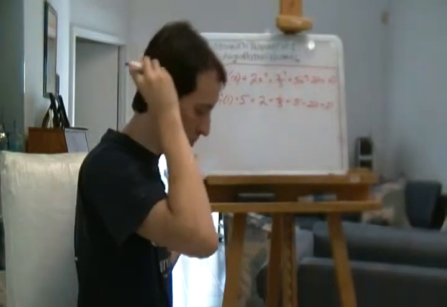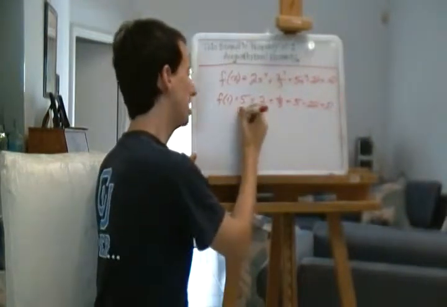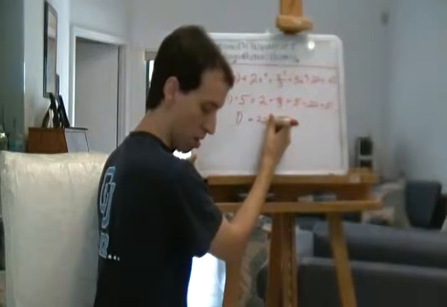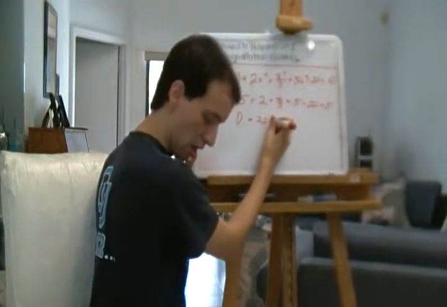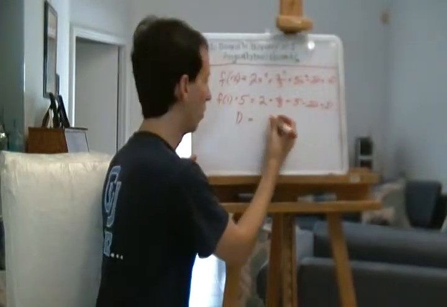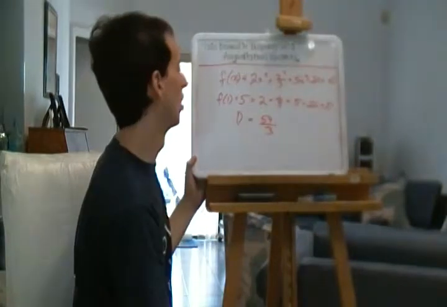Now, there's going to be some fairly complicated arithmetic here, but what you're going to get is d comes out to 59/3.